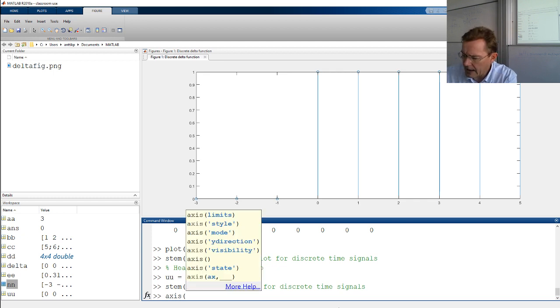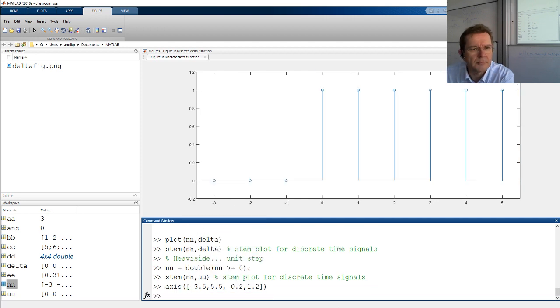Yeah, axis and limits. Minus 3.5, 5.5, minus 0.2, 1.2. So instead of going to that cumbersome graphics kind of thingy, you can always use commands.